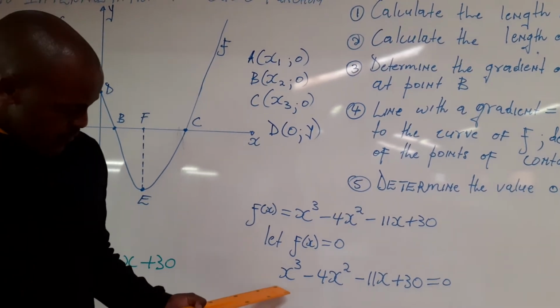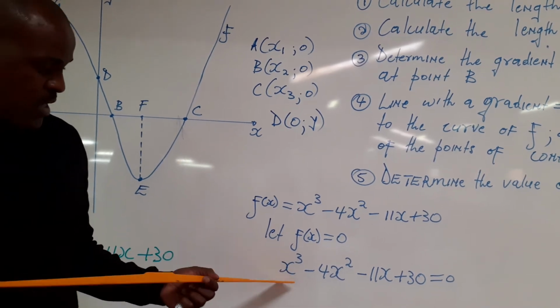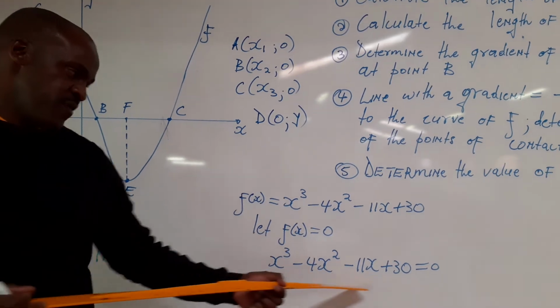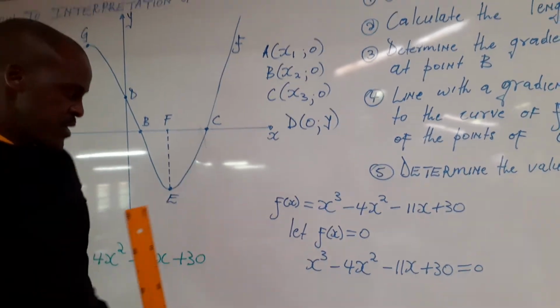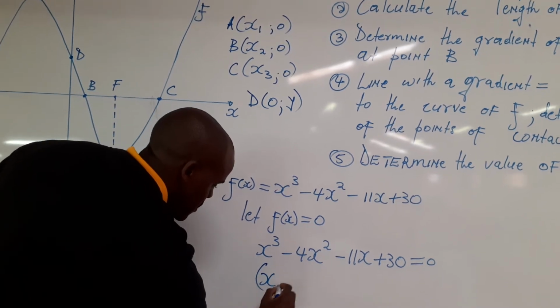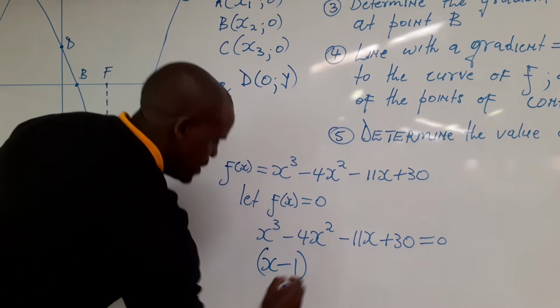Remember, for the first factor we use the factors of 30, including the negative ones. Let's check.